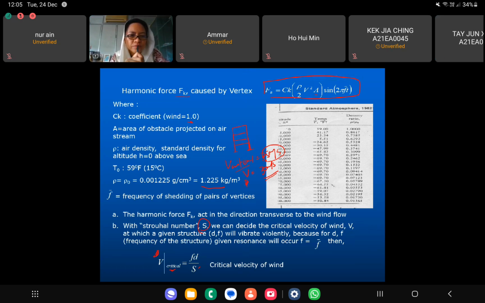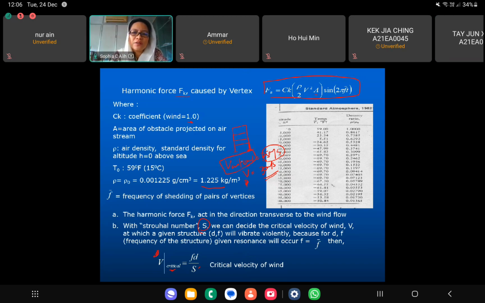Oh, so I think it is safe. Safe. Yes. Why do you say it is safe? Because it is under the Malaysia National Annex. But what do you understand about the critical velocity? I think it is the most critical that the building can withstand.